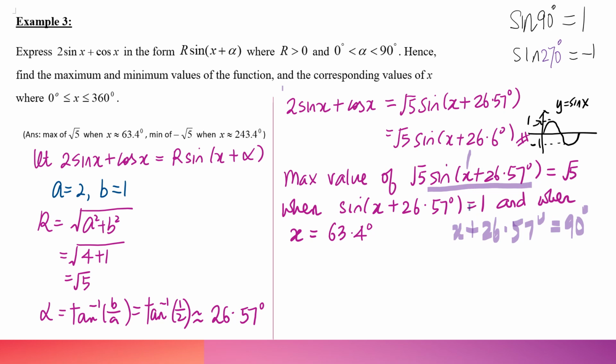So 1 times square root 5 gives you square root 5, which is the maximum value. And in order to get 90 degrees, your x would have to be 90 minus 26.57 degrees, which is 63.4.